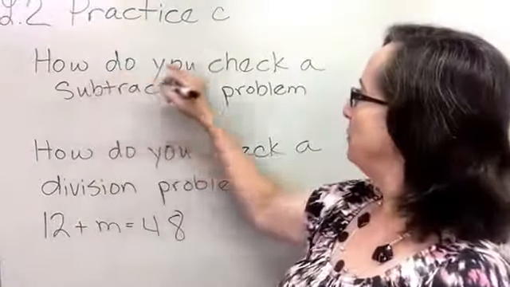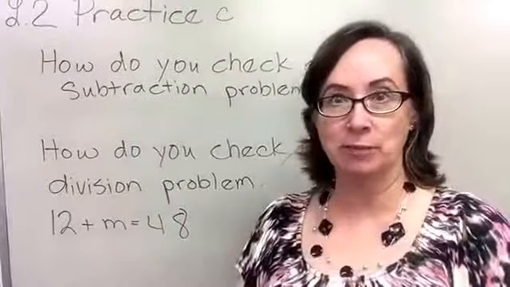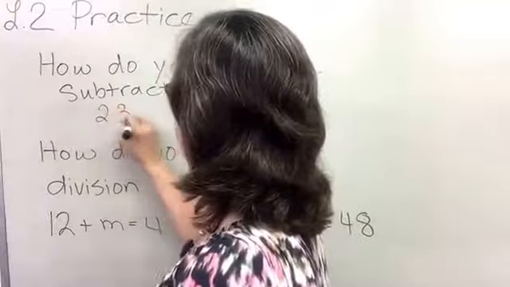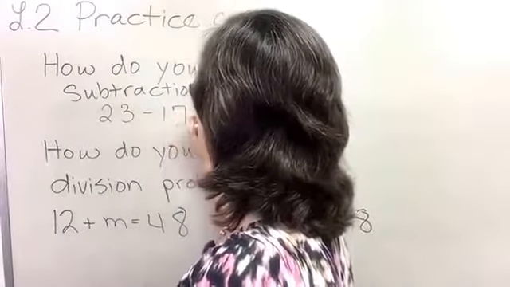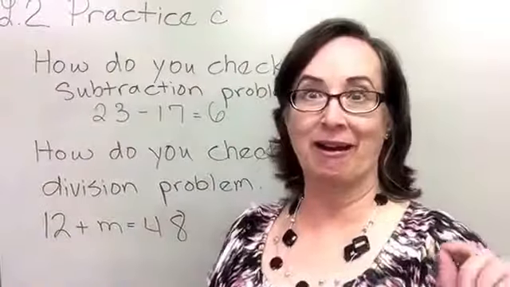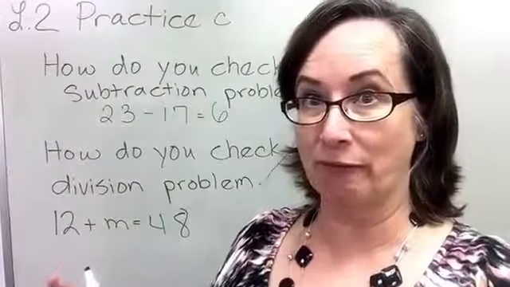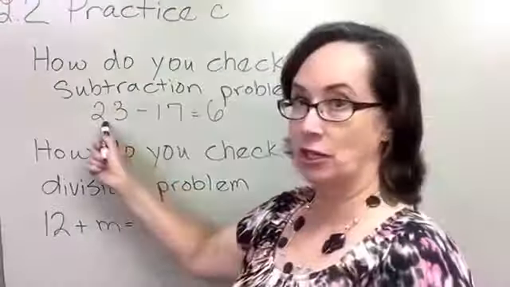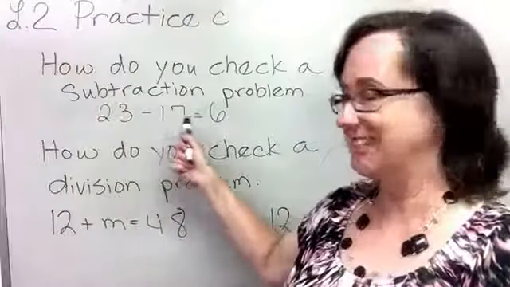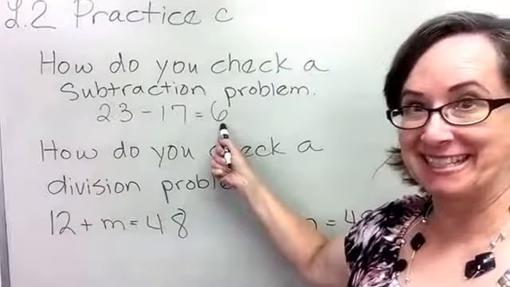Okay, how do you check a subtraction problem? Well, let's put a subtraction problem up here. 23 take away 17 is 6. All right, let's remember our really cool names for everything. Remember, this is your minuend, subtrahend, and difference.